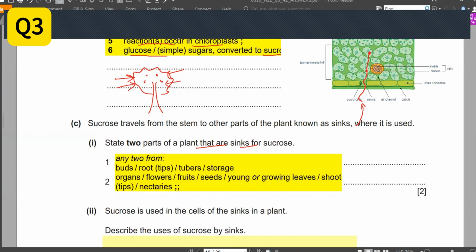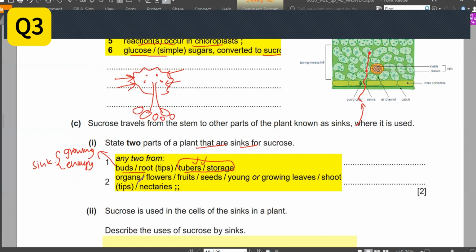So all of these will be acceptable answers. Buds, roots, tubers. Buds and roots are actively growing, so we provide the energy for it. Tubers at the root region can store up the excess glucose.